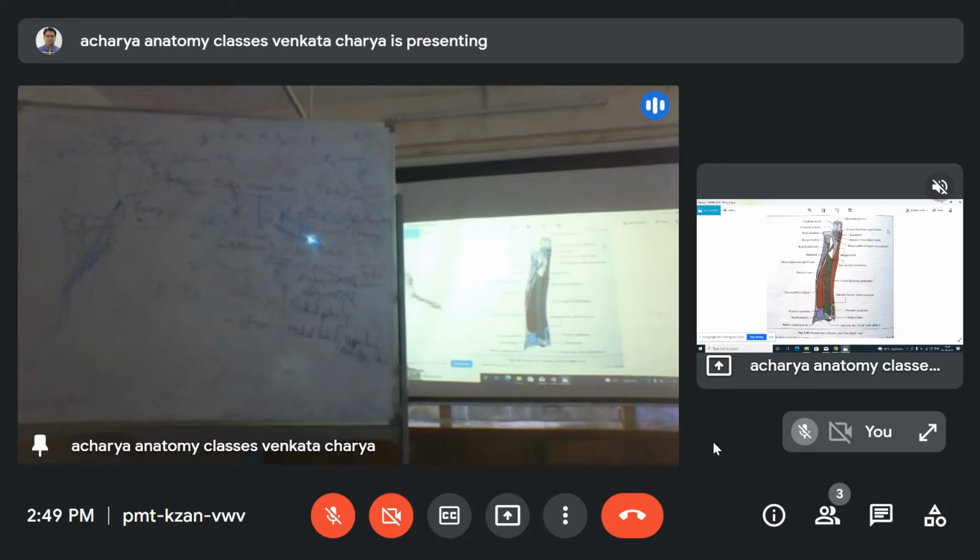Next, third point, some fibers originate from the oblique line of the radius, nothing but the anterior border of the radius.